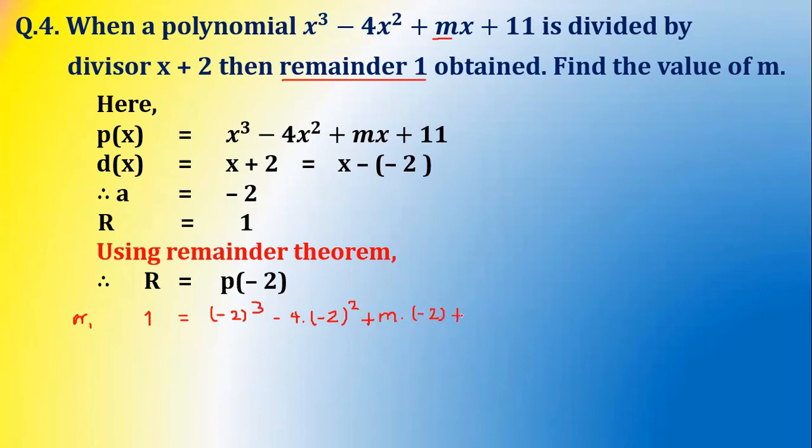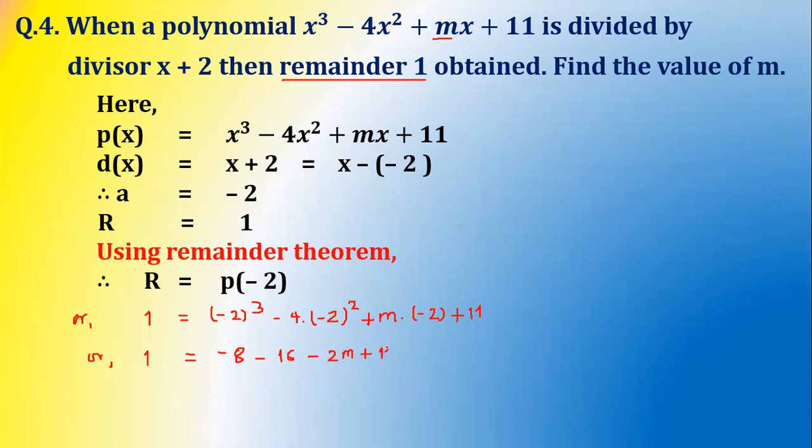These are the things that come under the first step. Now I can write the same in the next step. 1 equals minus 2 cube, which is minus 8, and then minus 4 times minus 2 square; minus 2 square is 4, and 4 fours are 16, so minus 16, and m times minus 2 is minus 2m, and plus 11 as it is.